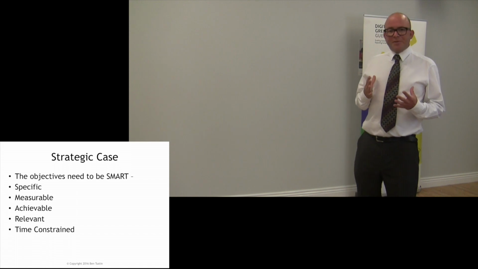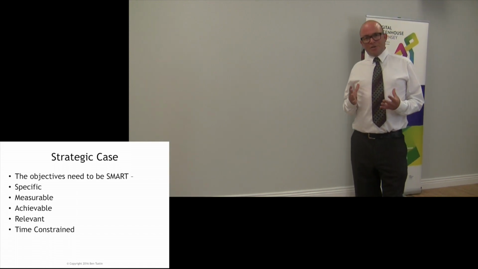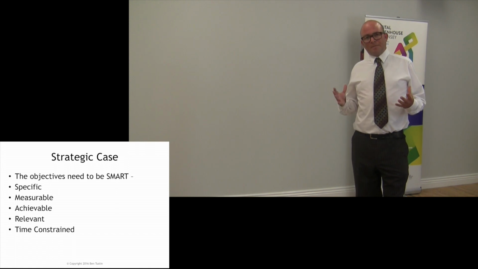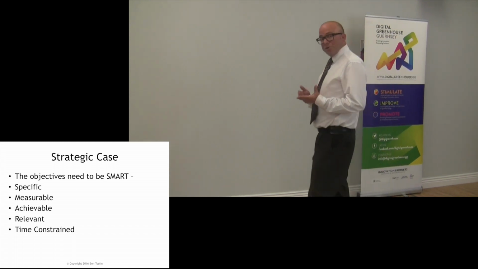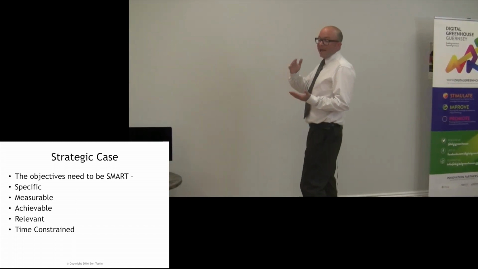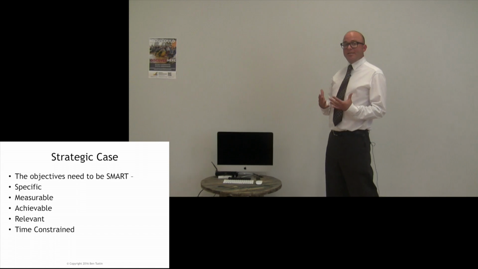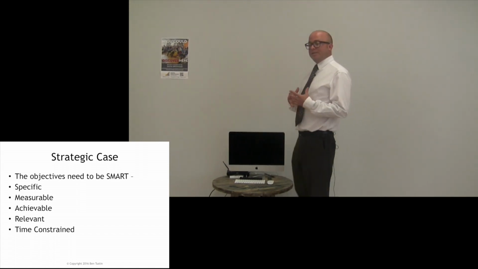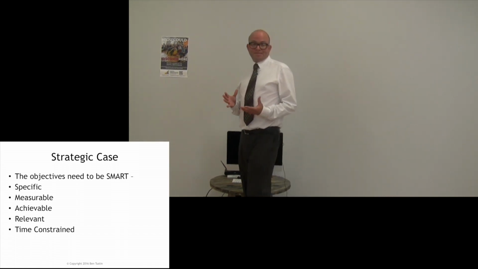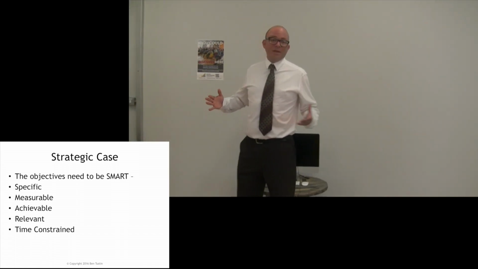Now, some of the objectives may be critical success factors, but not all. Some objectives may be black and white answers. It may be a yes or a no as to whether any particular option is achieving that objective. But also other objectives will be on a scale of achievement, which is perfectly fine.